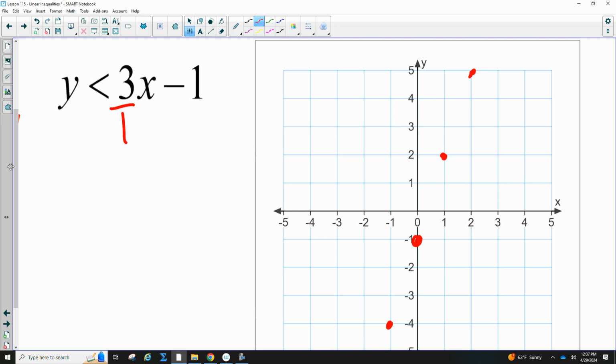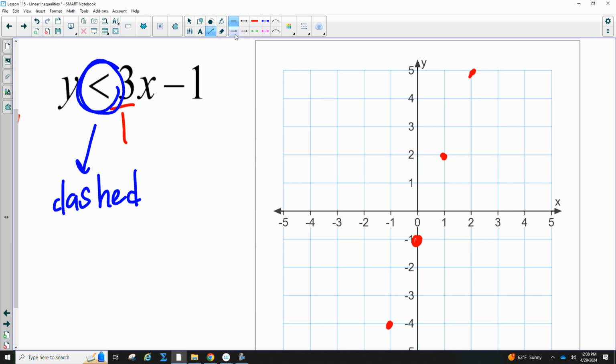Solid or dashed line? Yep, we don't have the line underneath the inequality, so we are not including the line. This means we do a dashed, or sometimes people say dotted, line. So go to your pencil and do a dashed line.